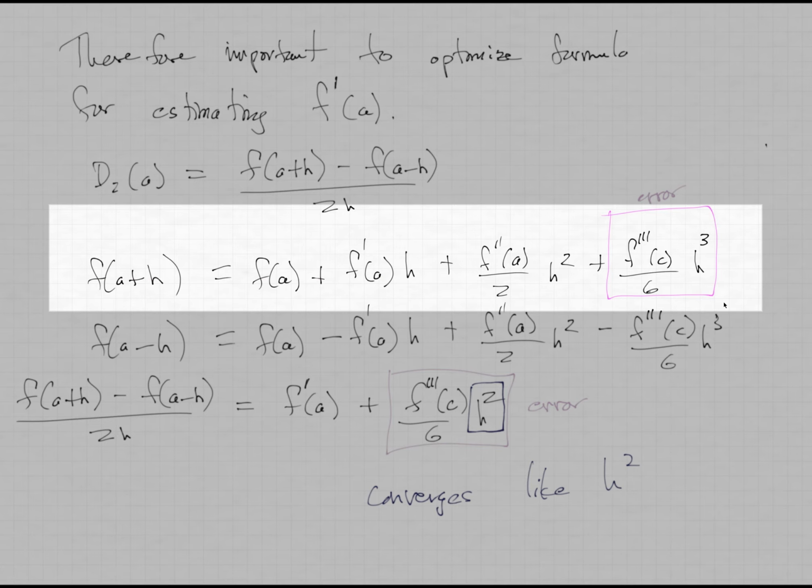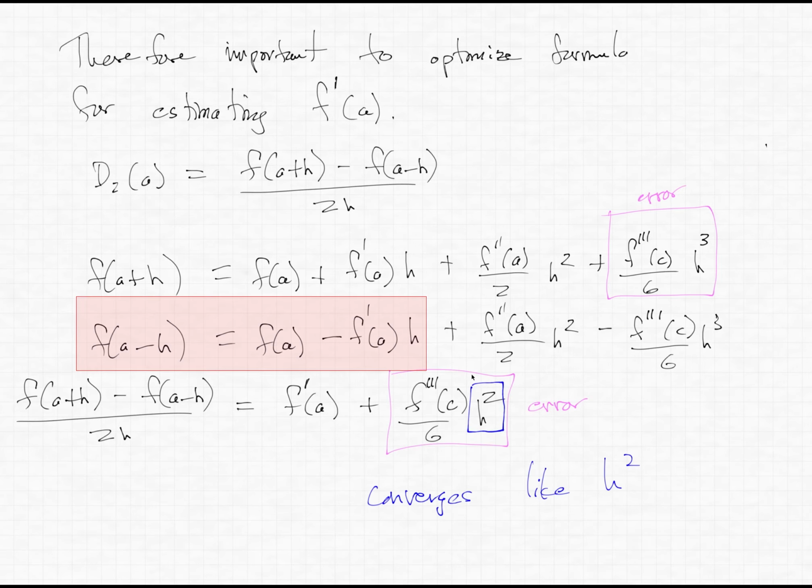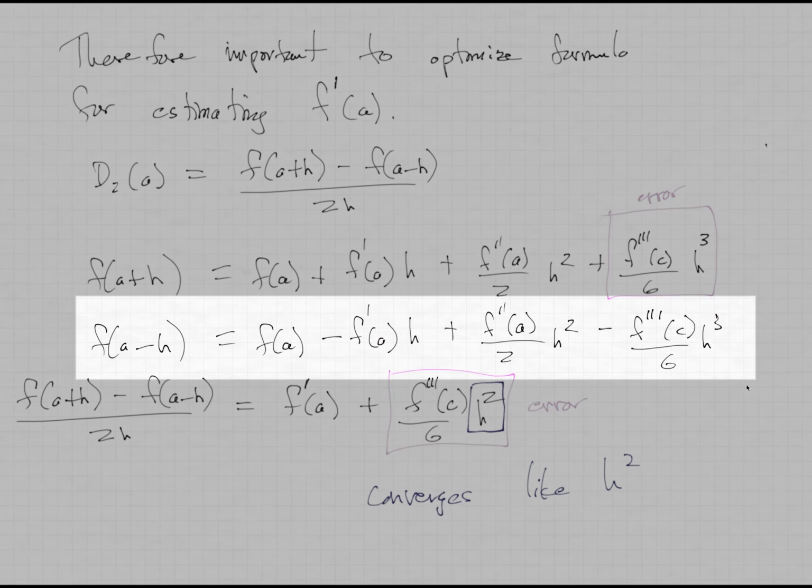So f of a plus h equals f of a plus f prime of a times h plus f double prime of a over 2 times h squared, and then the error term is the third derivative of f evaluated at c divided by 6, which is 3 factorial, times h cubed. Now, if you also plug in f of a minus h, then you just change two of those plus signs to minus signs, because when the power is odd, negative h to that power will be negative. So just change two of those signs.